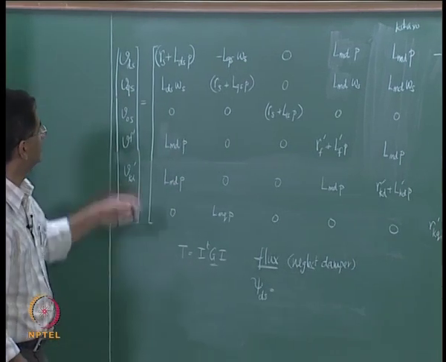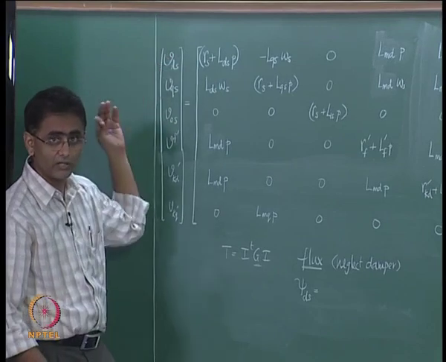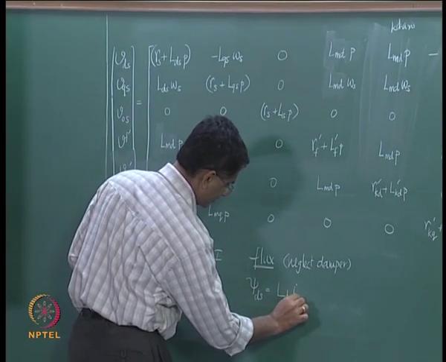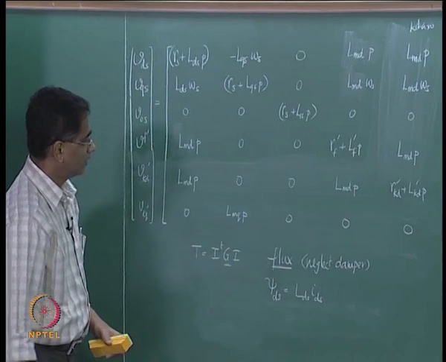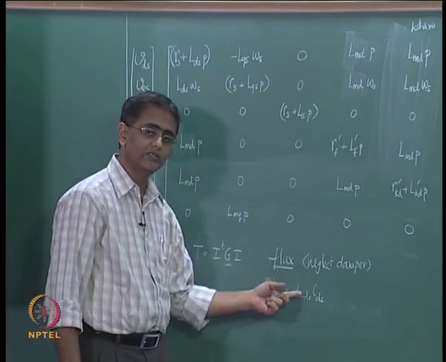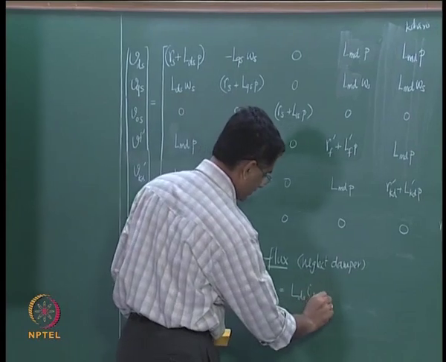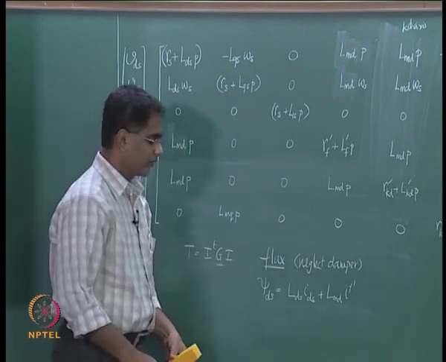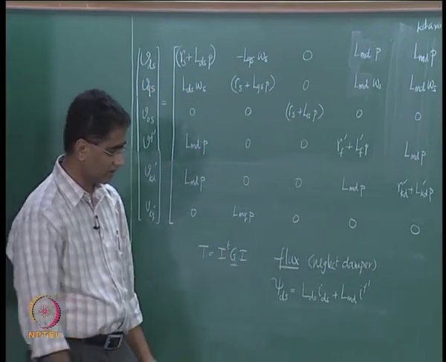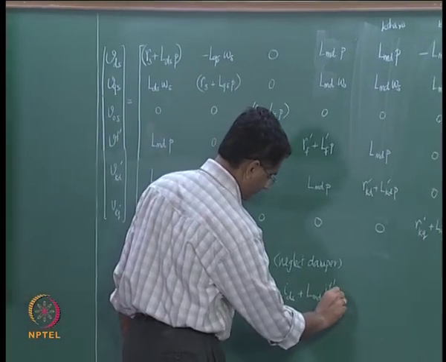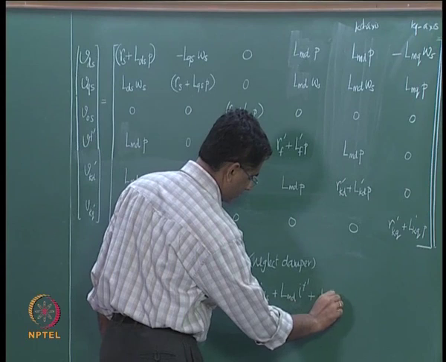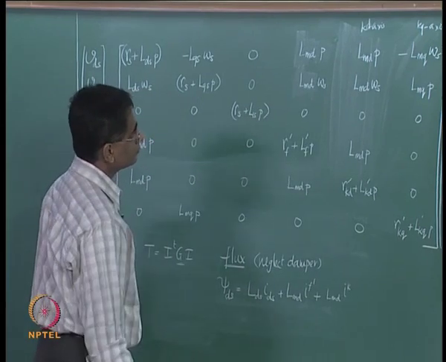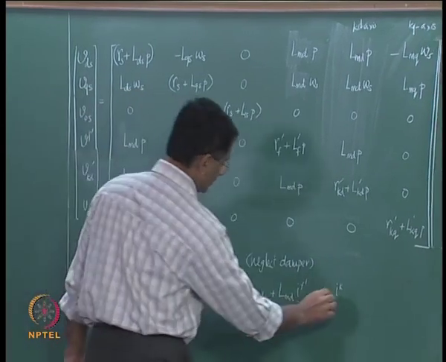psi ds, which is the flux linkage of the stator winding along the D axis, is L ds times IDS, that is the self inductance direct axis synchronous inductance multiplied by IDS plus LMD into IF dash, the mutual inductance multiplied by the field current stator referred with respect to turns, and then you have LMD into IKD.